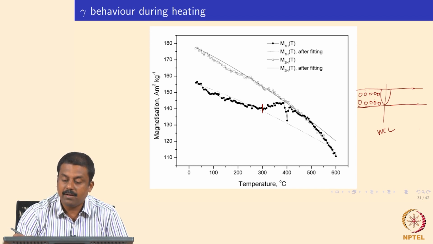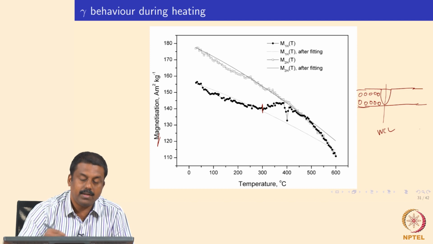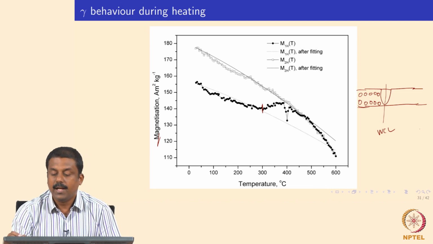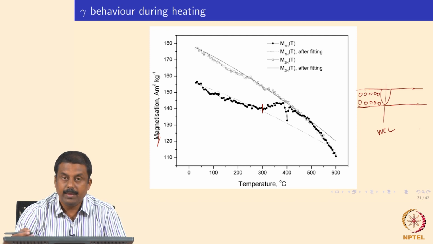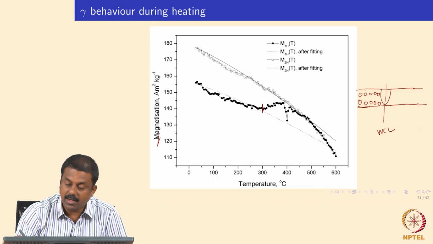The disadvantage of the magnetic saturation method, when you are measuring retained austenite fraction, is that you need a significant volume of the sample in order to get reasonable magnetization measurements. It is a bulk measurement. What do you mean by bulk measurement? You are measuring throughout the thickness of the sample.